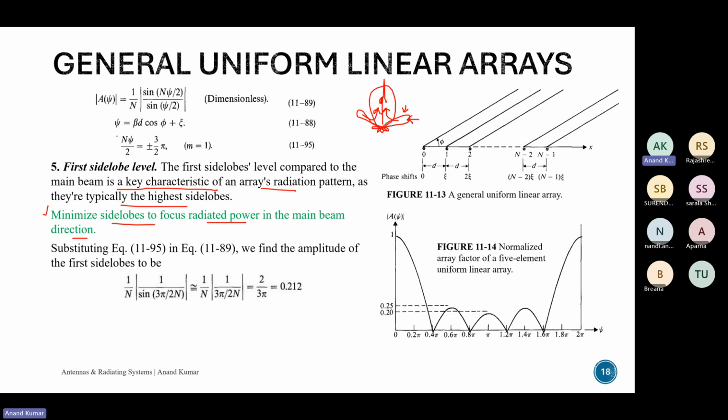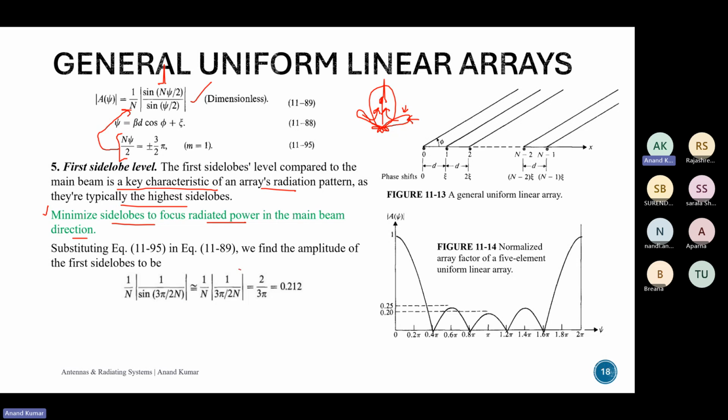In the previous slide we calculated the location of the first side lobe level. So this was the location, and substituting this back in the array factor, we can get the magnitude of the array factor at that location. When we substitute this back, we have the numerator as 1 and the denominator as sine 3 pi by 2n.